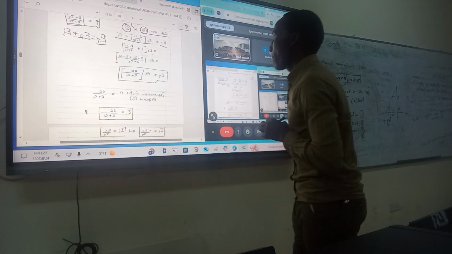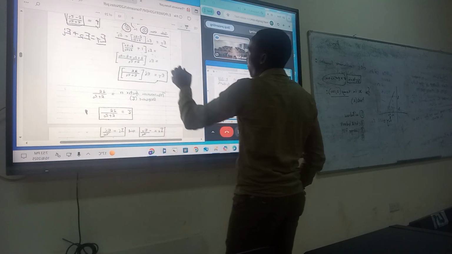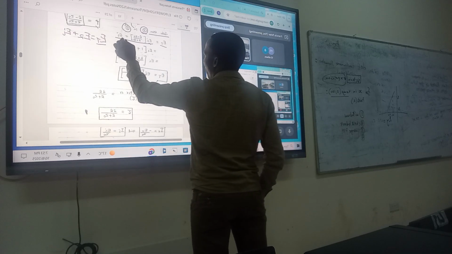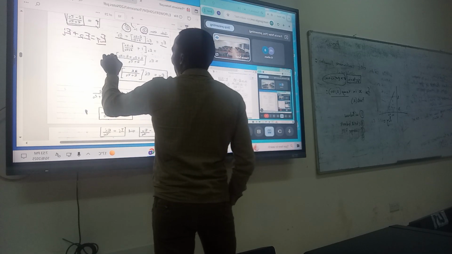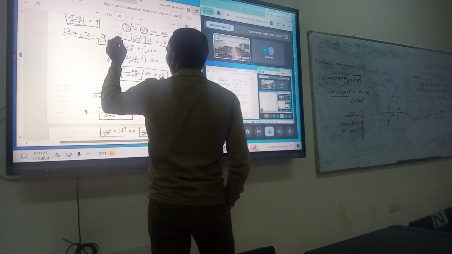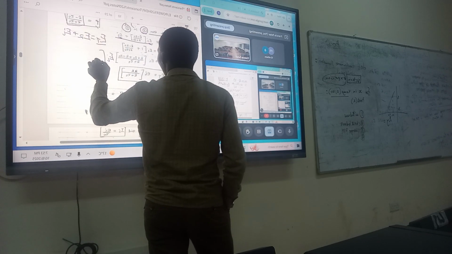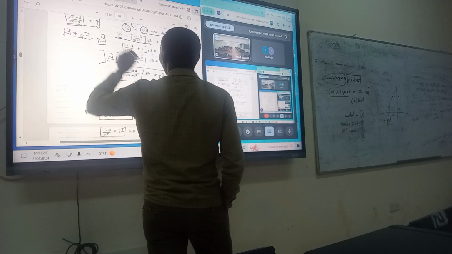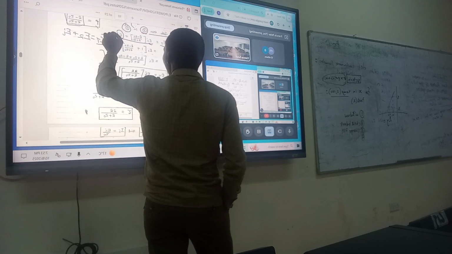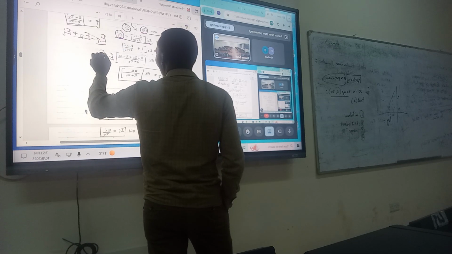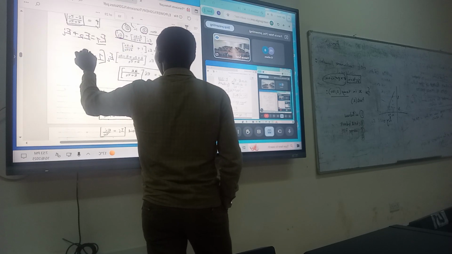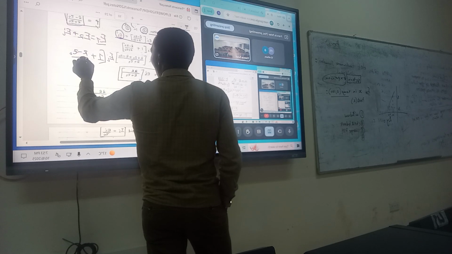Now that we have this and this, you can factor EI actually, because we have this EI and we have this EI. After factoring this one, we are left with 1, then plus R minus Z naught divided by R plus Z naught.